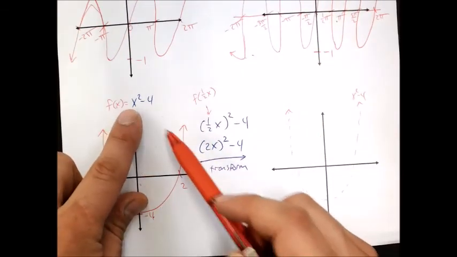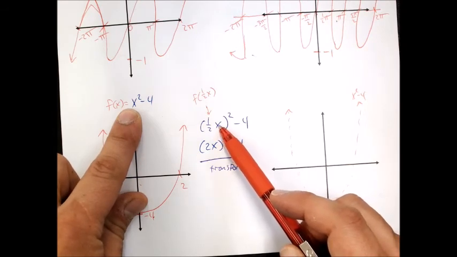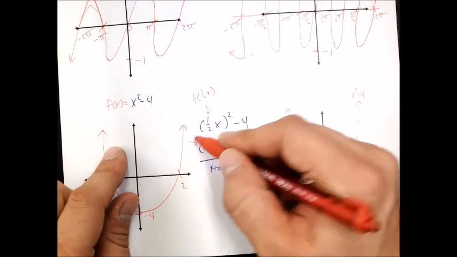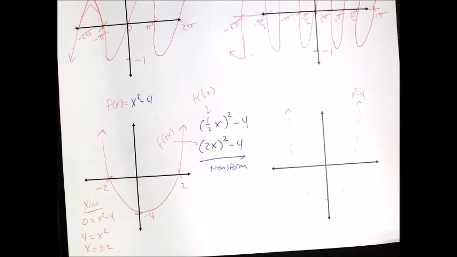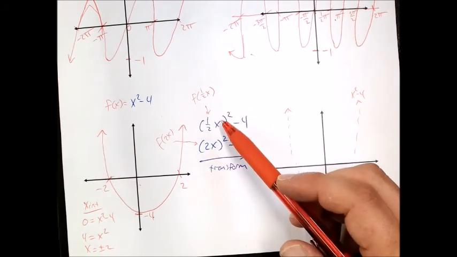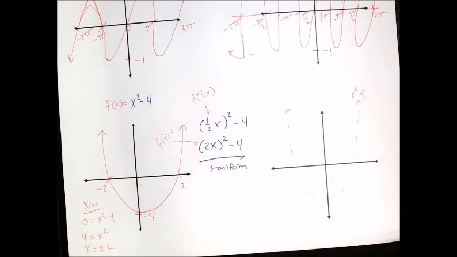It's like I took a 1/2 x and put it into there. This is a composite type thing. And this would be f of 2x. Again, they're inside of the x squared, being squared. That's what makes it horizontal and not vertical.